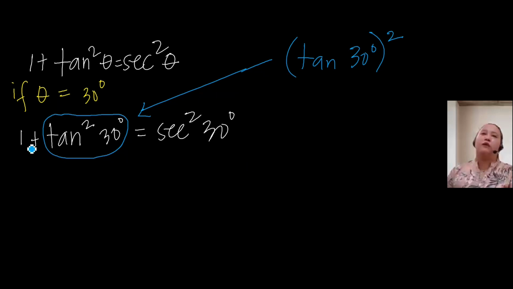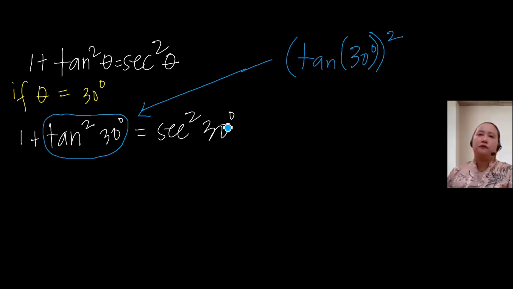If you want to add the 1, that is 1 plus, open parenthesis, tangent. When you input tangent, the calculator automatically opens a parenthesis, so you have to close it after inputting the angle, then close it again, then the power, 2.